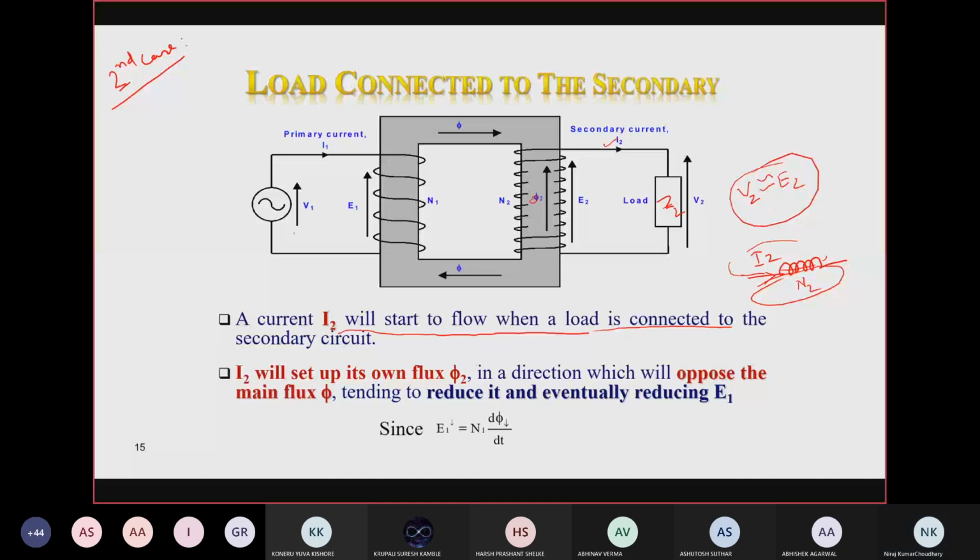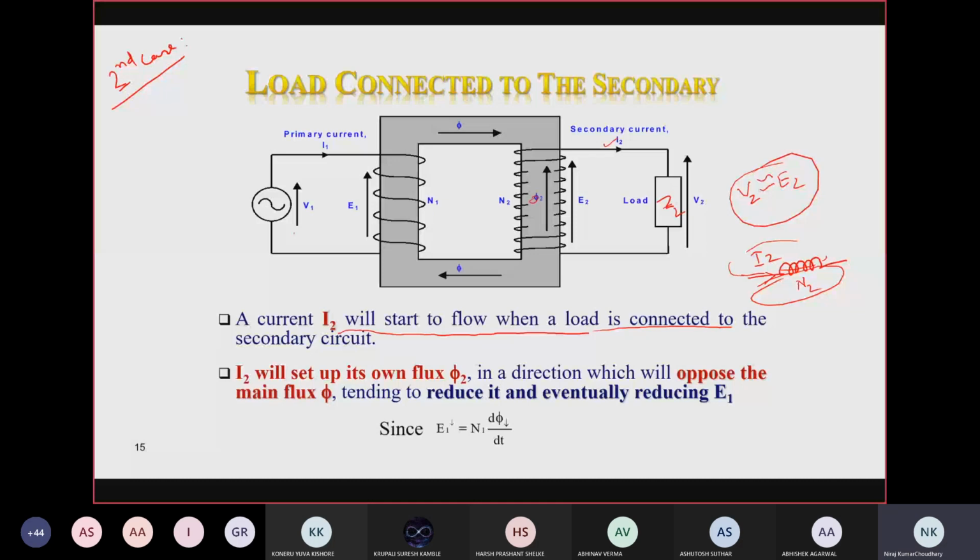Right? अब ये बताओ हमको कि जैसे कि ये जो है फाई 2 या F2 कब अपोज करेगा फाई को? When the direction of current is in this direction as mentioned in the circuit.